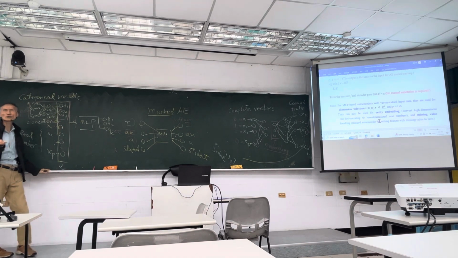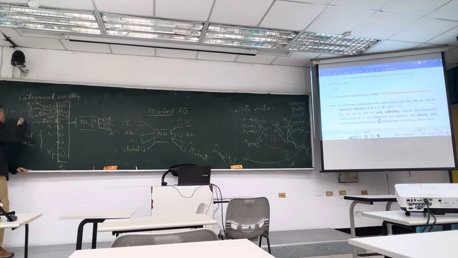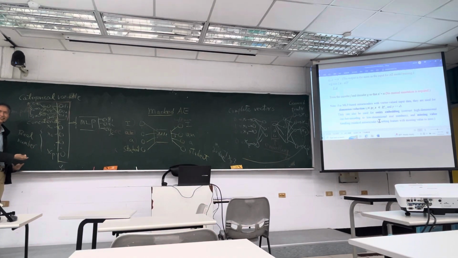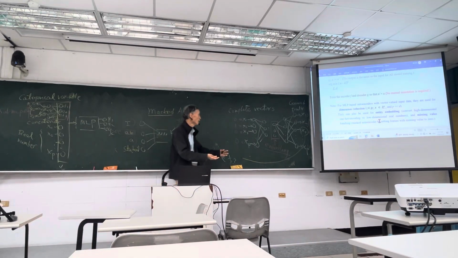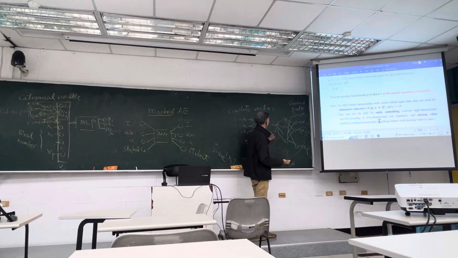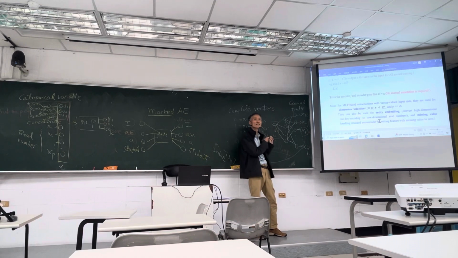Now, which one could be better? What is the difference between the autoencoder approach and the small MLP approach for entity embedding? Anyone? Okay, talk about it in Chinese, it'll be fun. What is the difference between these two? The autoencoder only expects the output to be equal to the input.